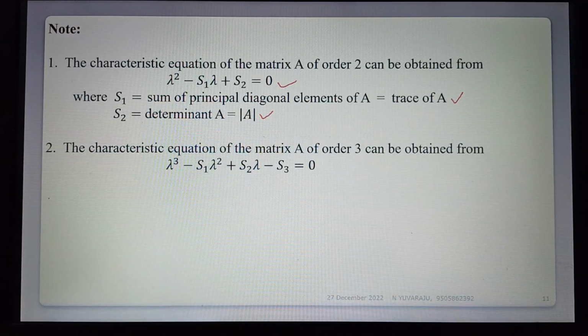So next, a 3 by 3 matrix. The characteristic equation of a matrix A of order 3 can be obtained from lambda cube minus S1 lambda square plus S2 lambda minus S3 is equal to 0.